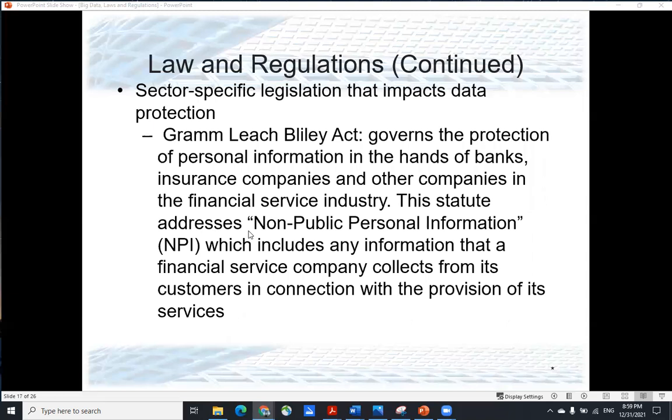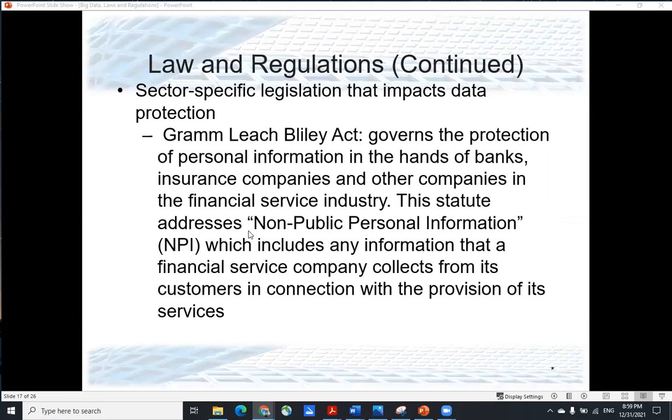Now we talk about federal laws or sector-specific legislation that impacts data protection. You have the GLBA, or Gramm-Leach-Bliley Act, and this particular federal law governs the protection of personal information in the hands of banks, insurance companies, and other companies in the financial services industry.